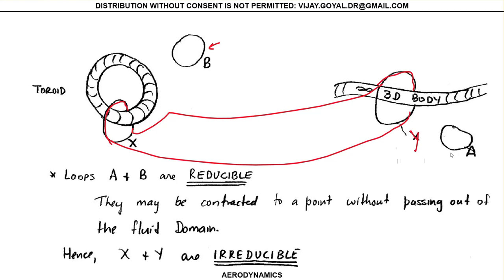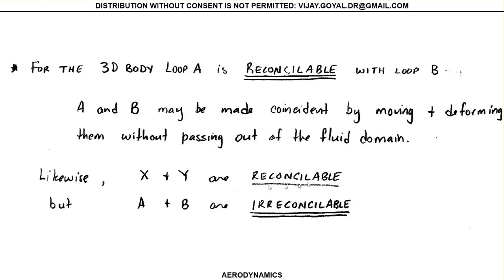So now what I cannot do is A plus B cannot be reconcilable with these two bodies. Why? In order to do that, I will have to go through the body or this body, and that's not possible. So that's what it really means by reconcilable and irreconcilable.